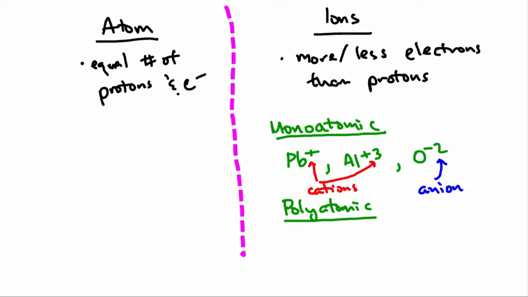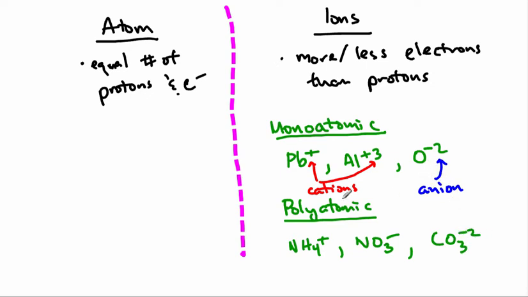Okay? Now if we go down and think about polyatomic, poly just means many. So a polyatomic ion is just an ion that's composed of more than one atom. For example, some common ones that we've seen in class: ammonium is one. We've also seen nitrate quite a bit. And another one, carbonate, which has a -2 charge.